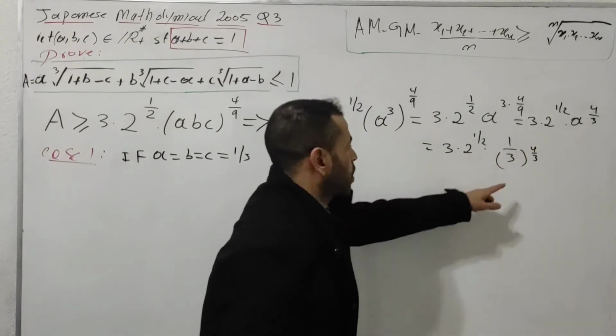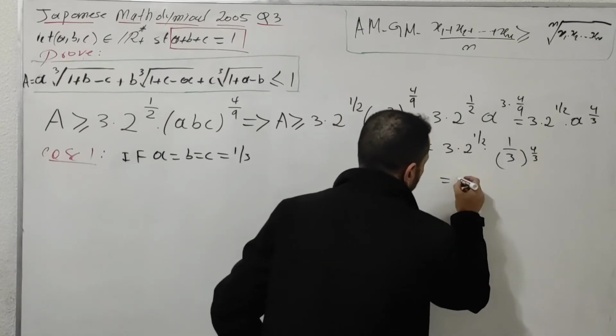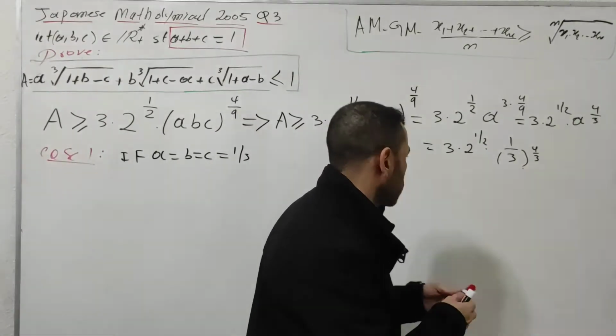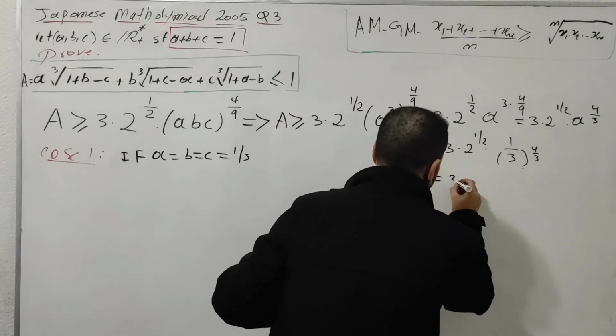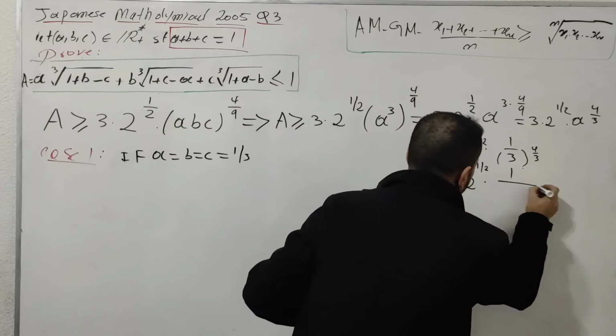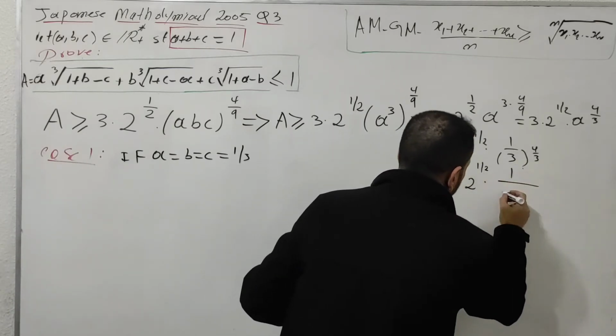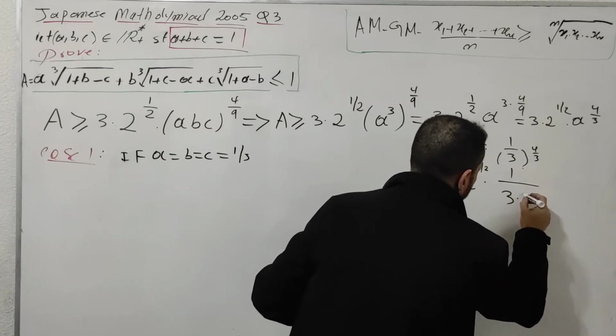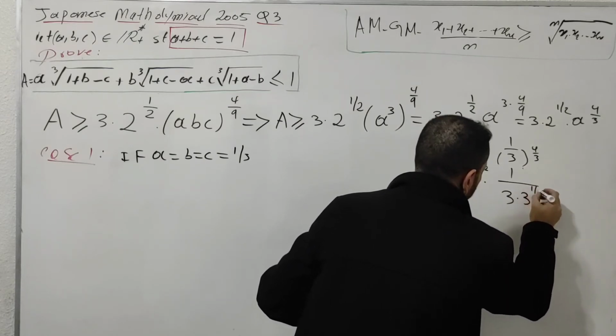I'm going to make that kind of cancellation here. I'm going to split this exponent into two parts. I will get 3 multiplied by 2 to the 1 over 2, multiplied by 1 over 3 times 1 over 3 to the 1 over 3. This becomes 3 multiplied by 3 to the 1 over 3.